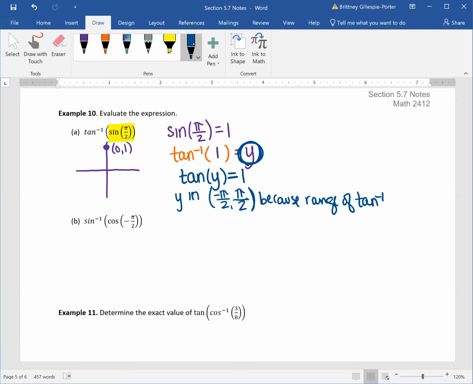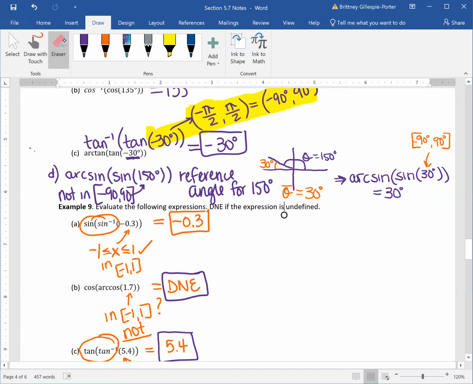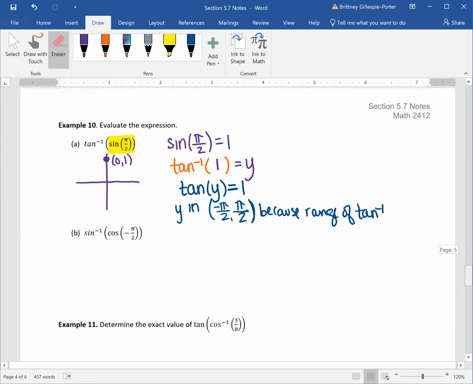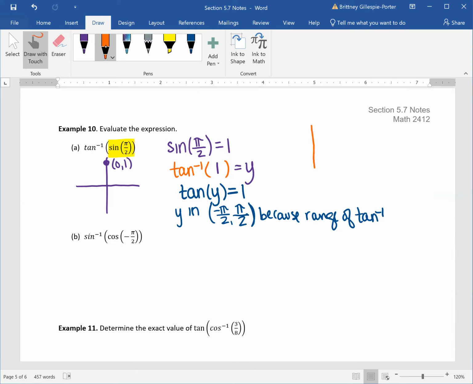Okay. So we need to figure out where tangent is 1. Sorry, technical issue. So we need to figure out where tangent is 1. We know tangent is positive in the first quadrant.